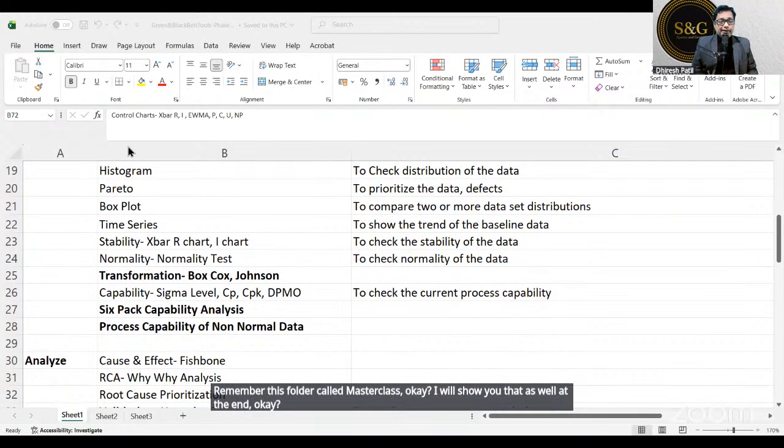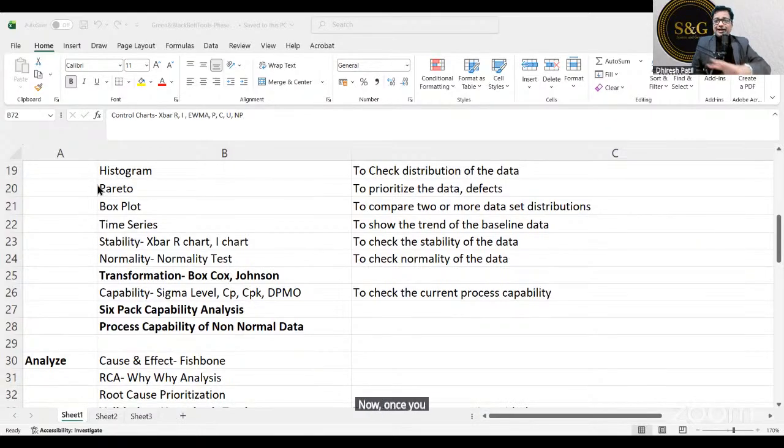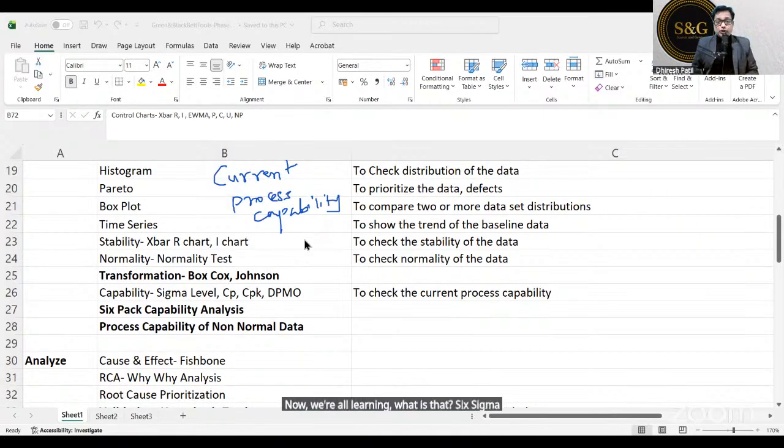Okay. Now, once you complete extracting information from the data, the objective of doing this is nothing but: what is my current process capability? What is process capability? Six sigma is nothing but a process capability.